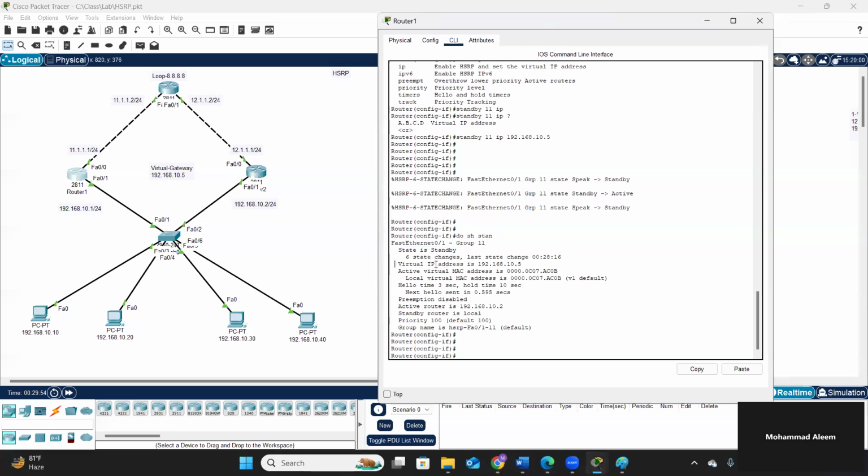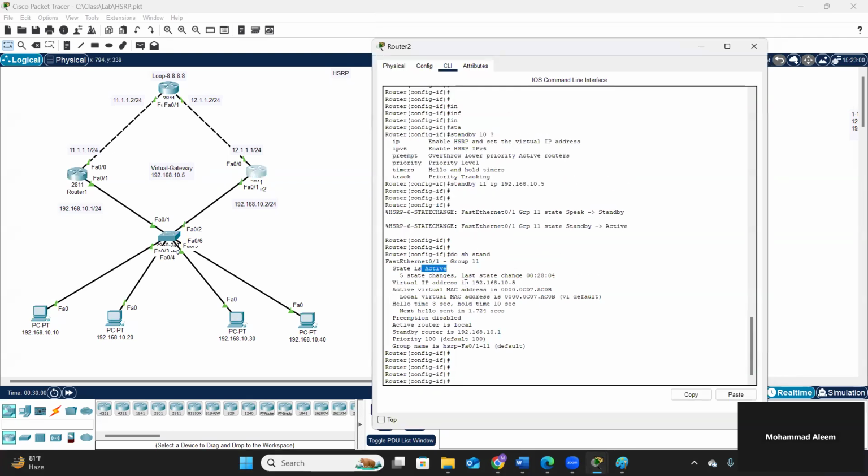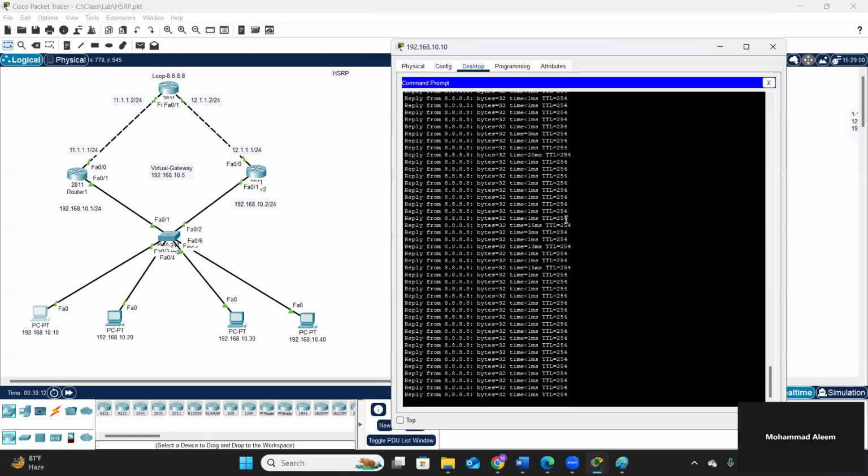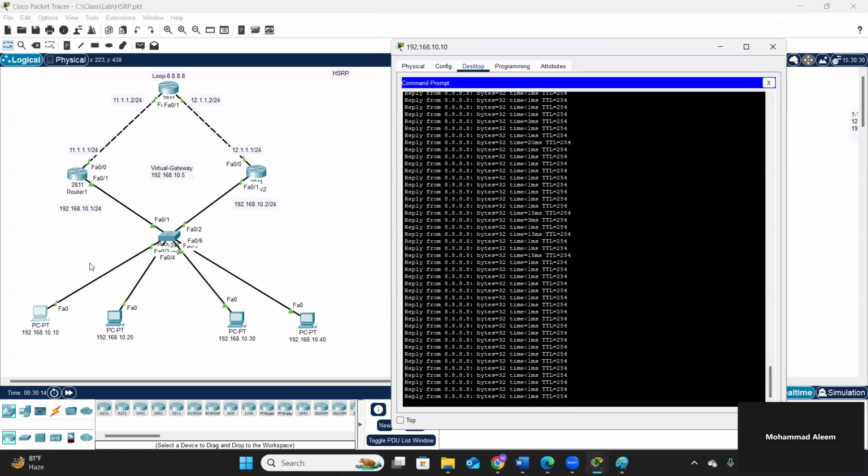First, the virtual IP address is this one, which we configured. Here also you can verify the virtual IP address is 192.168.10.5. Just now I have configured this. If I shut down this interface, the gateway is still being used, I haven't changed it.